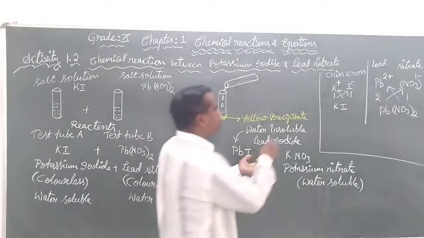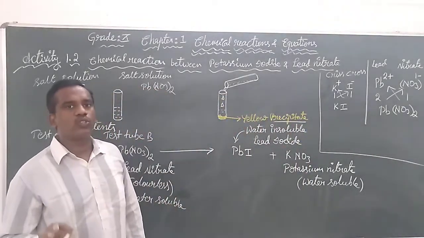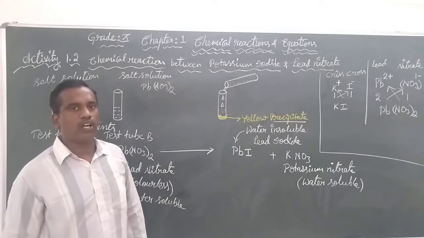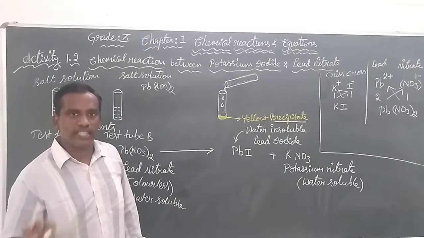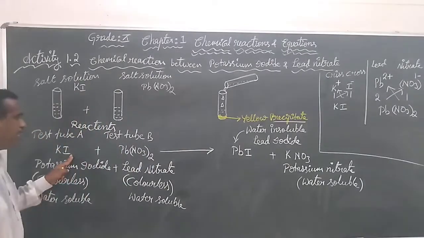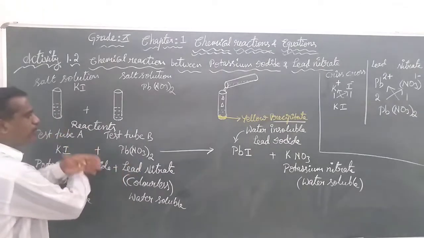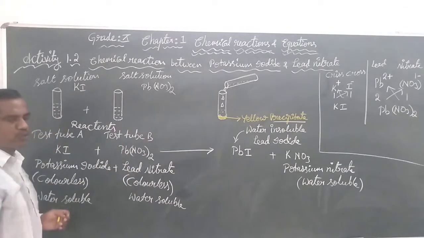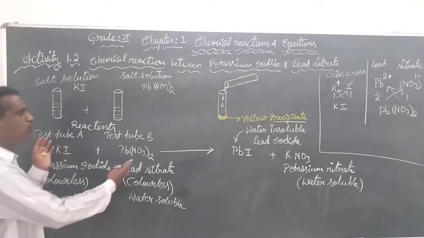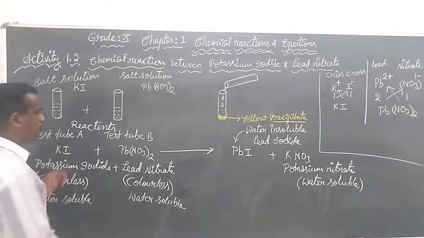Whenever the word precipitate comes, it is a water insoluble substance. And here, when potassium iodide is combined with lead nitrate, they exchange their atoms between each other. The two compounds exchange their atoms.